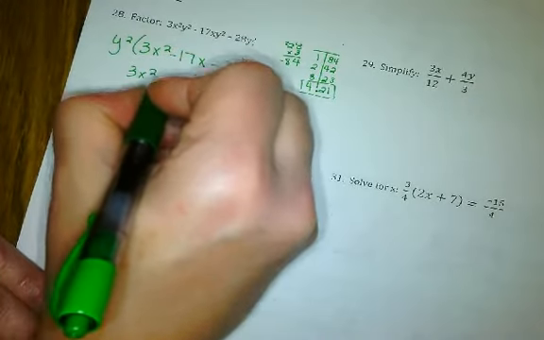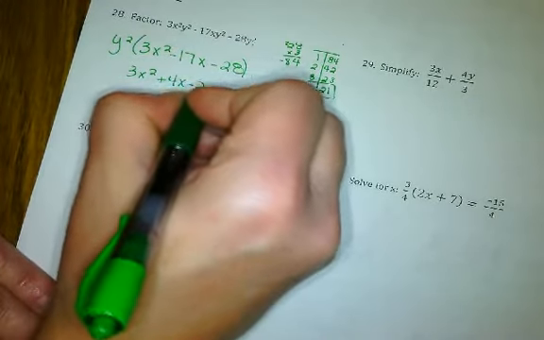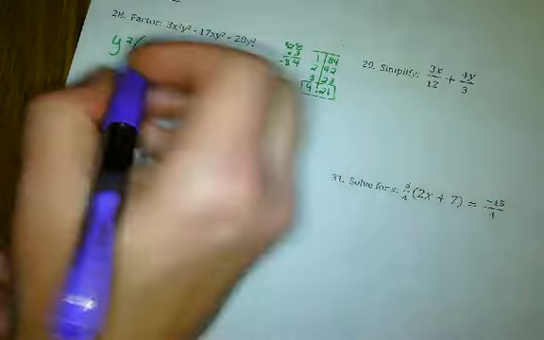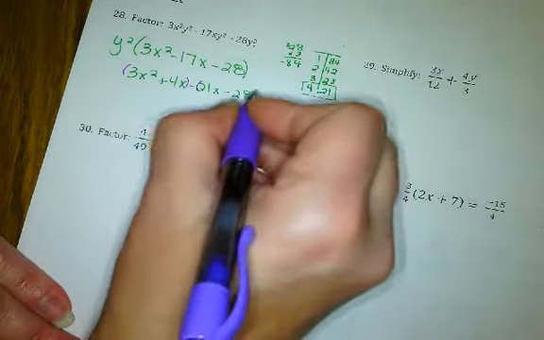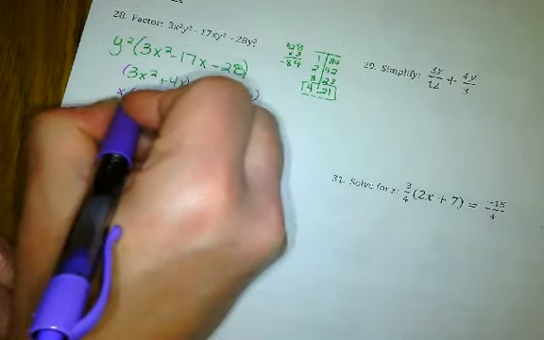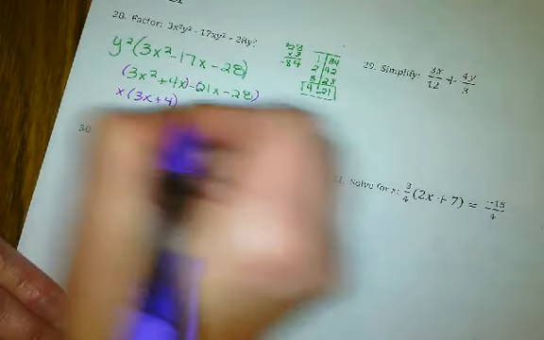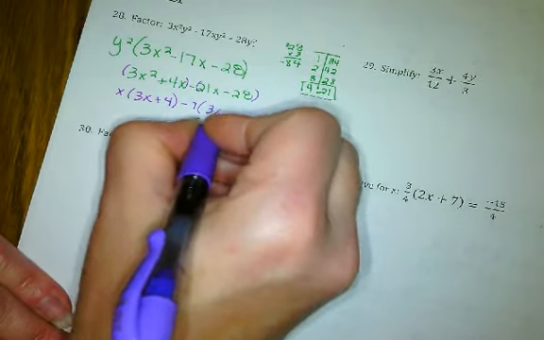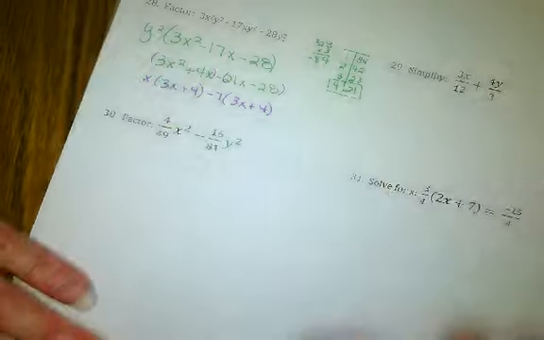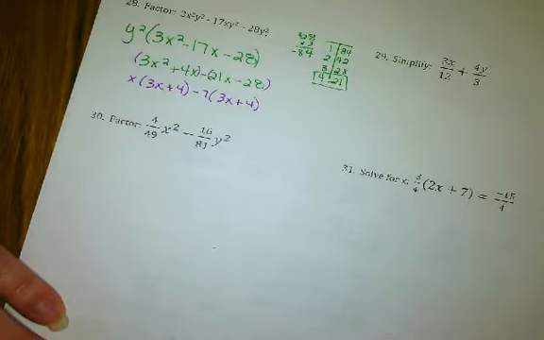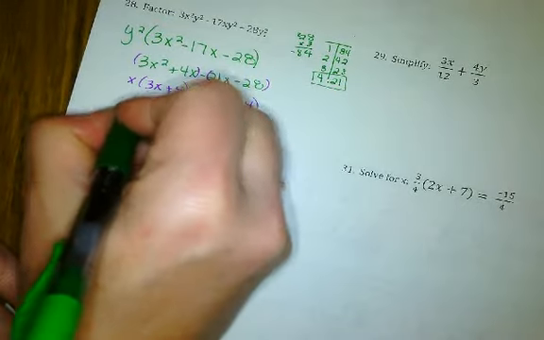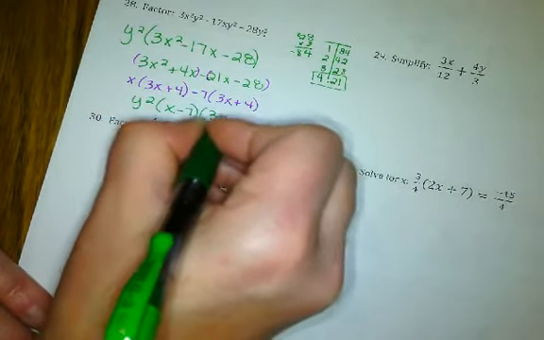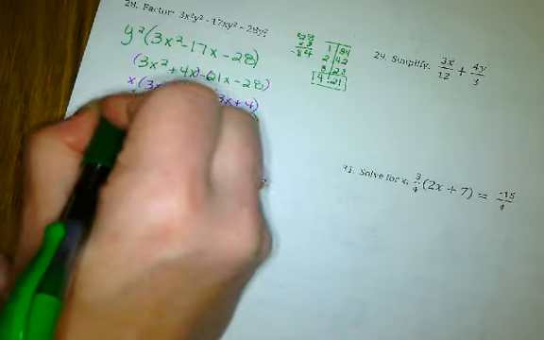Okay, so if I do factor by grouping here, and there it is. Okay, so I have to make sure I still keep the y squared. And then one of them is x minus 7, and the other one is 3x plus 4. So that's my final answer.